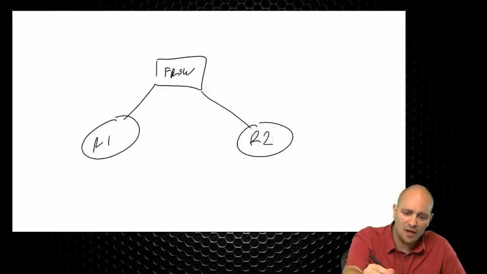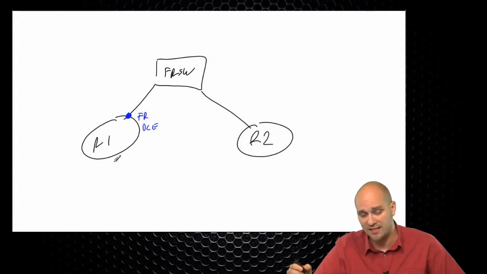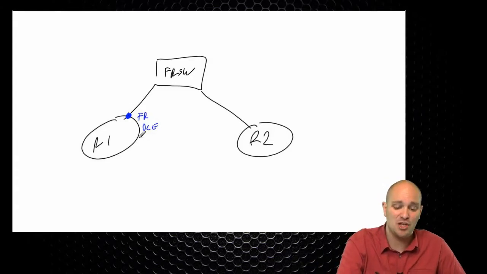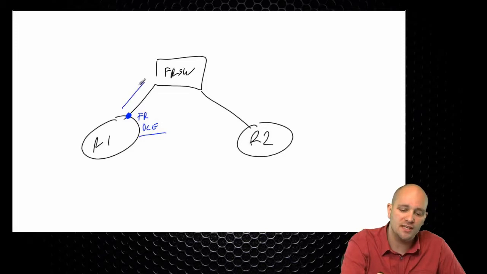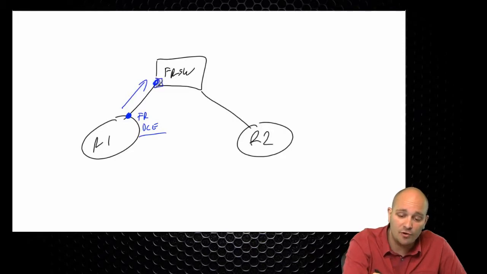Now, if you have mistakenly configured this interface here as the frame relay DCE using the frame-relay intf-type dce command, in that case, you would actually have to turn off the keepalives. Why? Because you are sending the status here, and you are never going to send the inquiry, which means that this guy here will never receive an inquiry from you, and it will bring the interface down.